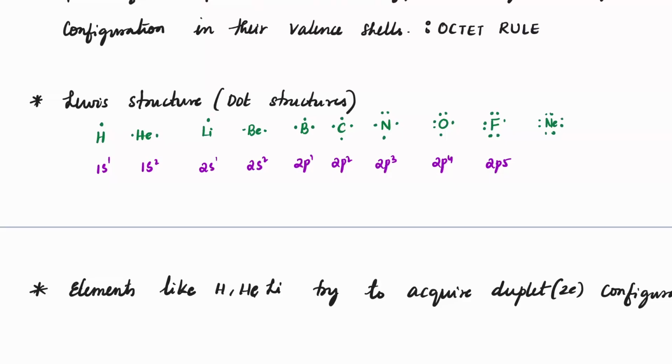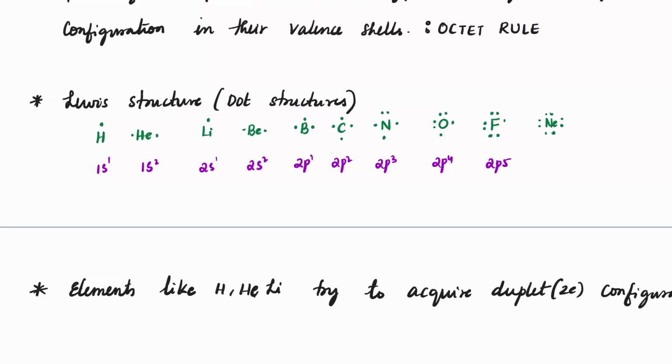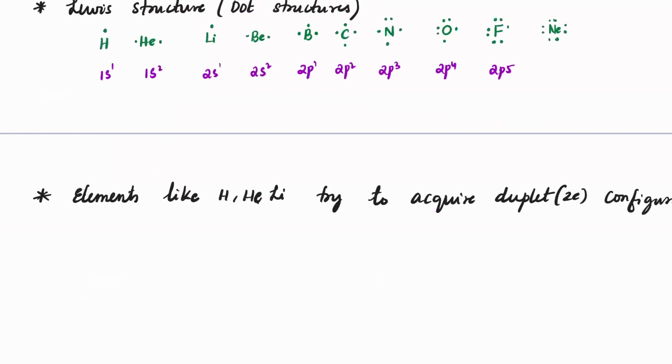Have you noticed that from here till fluorine, they have no complete octet, which means the 8 electron system is not observed. So their whole objective is to somehow get those 8 electrons. That's the reason they try to make their attractive forces dominate the repulsive forces.